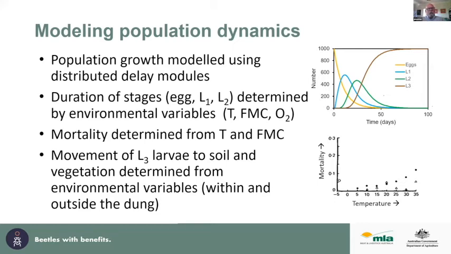Finally, we have movement of the third instar larvae from the dung to the soil and vegetation. That rate of movement depends on conditions within the dung and also outside the dung, especially things like free moisture. But there are some pretty good sources of data to model those processes. There have been some pretty good studies, a number of which were done in Australia, so they're very relevant to the conditions we're trying to model here.